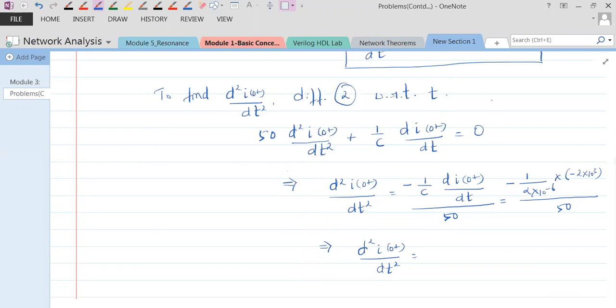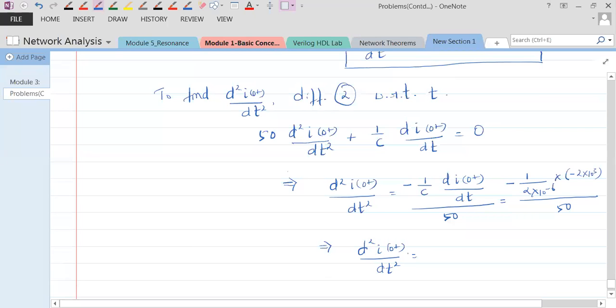That minus we are not supposed to miss. So that would look like 20 into 10 power 6 amperes per second square. Okay, so this is how things go.